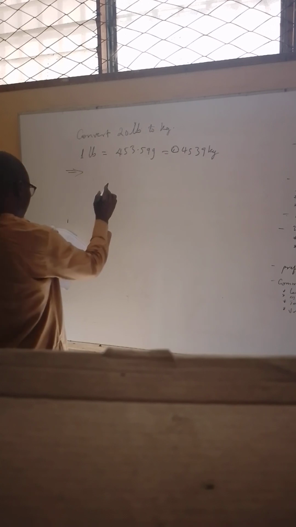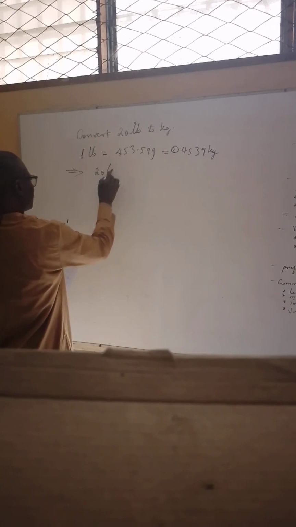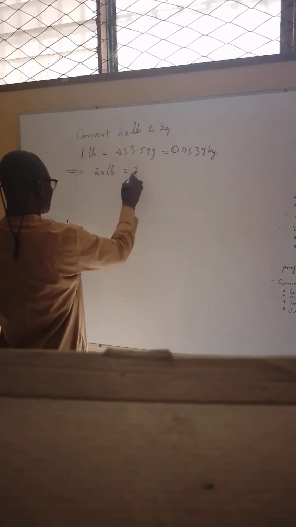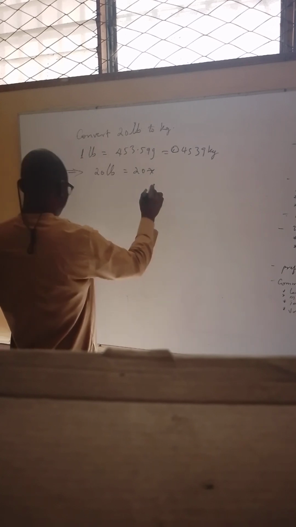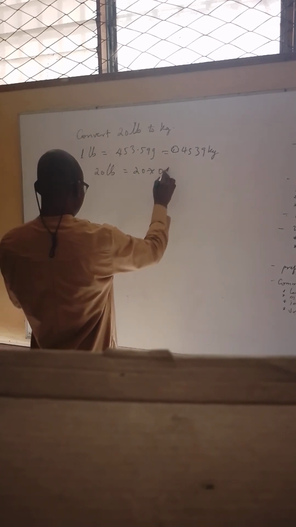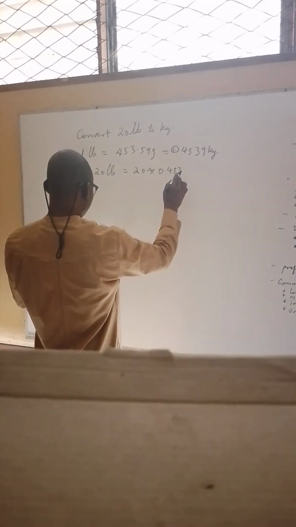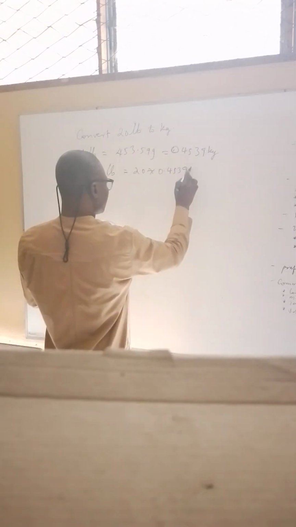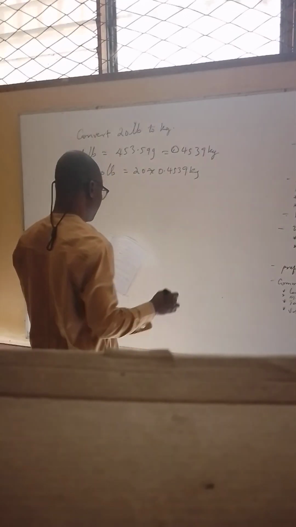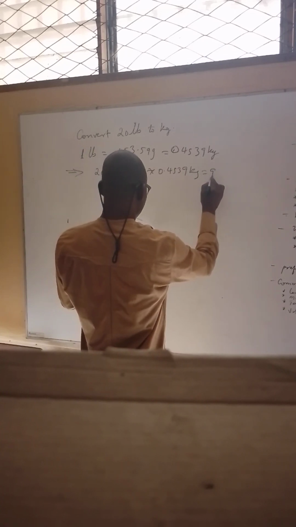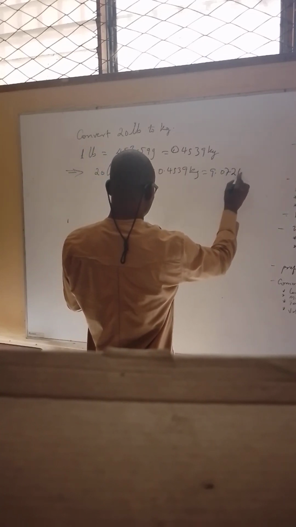This implies that 20 pounds is equal to 20 times 0.4539 kilogram, which is equal to 9.072 kilogram.